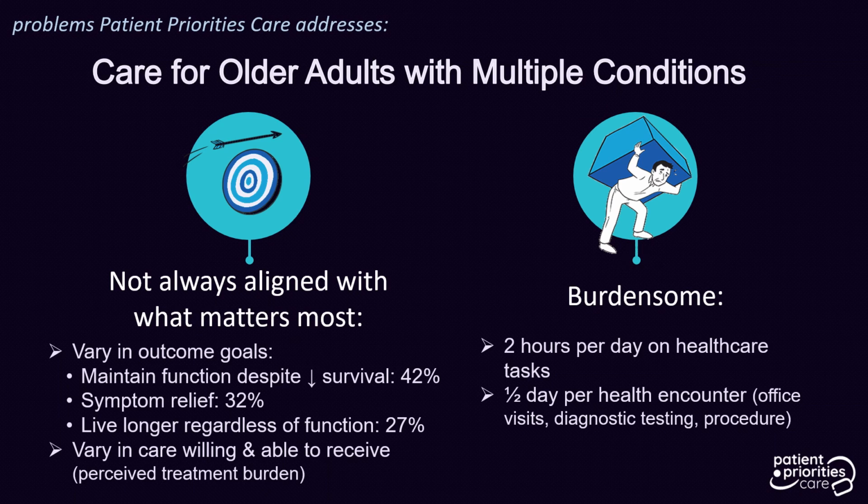The things we so easily ask people to do take time and effort away from how they'd rather be spending their life. In Patient Priorities Care, we address these issues by focusing on the health outcomes people want, given the healthcare they are willing and able to receive.